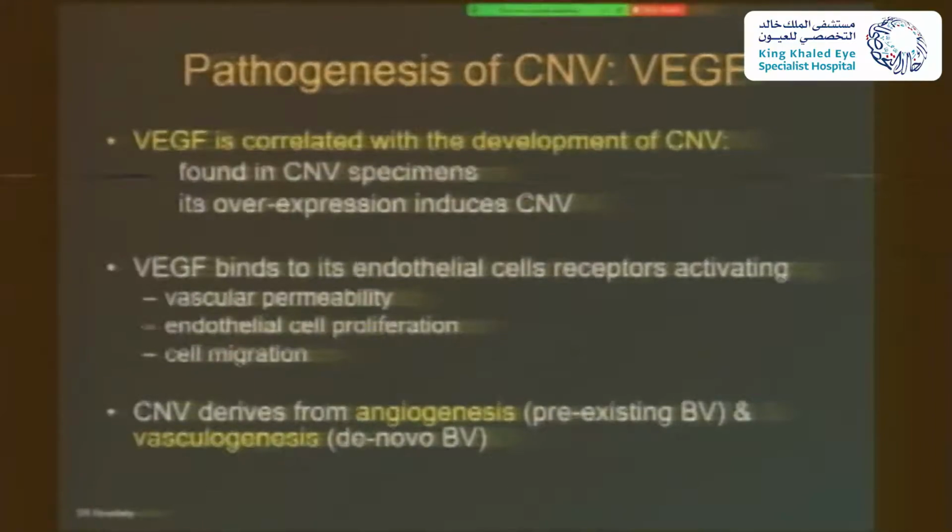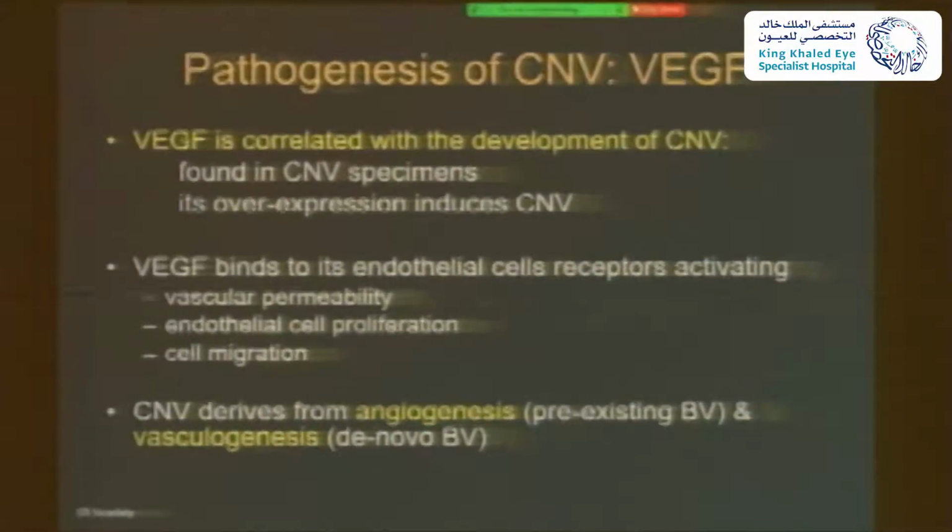VEGF. Now, VEGF is known to be correlated with the development of CNV. It is found in pathological specimens of CNV, and its overexpression induces CNV. VEGF is expressed and produced by the retinal pigment epithelial cells, and the VEGF binds to the endothelial cell receptors, and what it does, it increases the permeability of these cells.